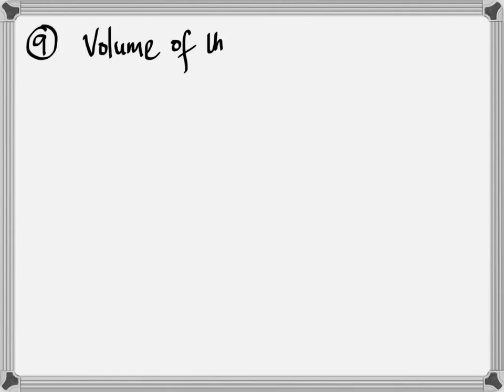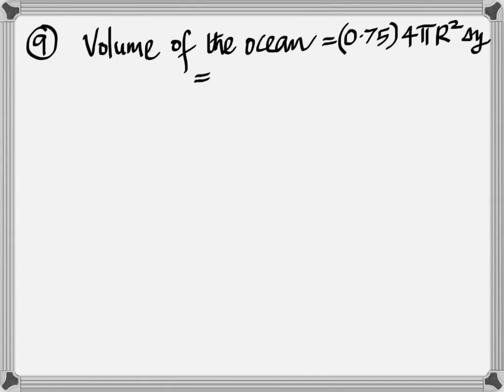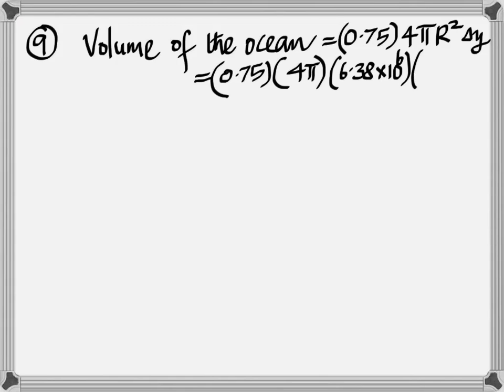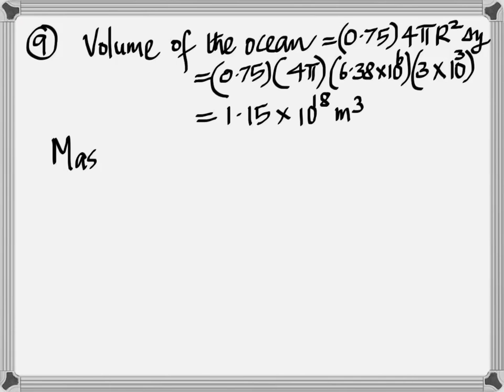9. The volume of the ocean is the surface area of a sphere, which is 4 pi r squared, multiplied by the average depth of the ocean, delta y, and then multiplied by 0.75 to show that only 75% of the surface is covered by water. So that's the total volume of all the oceans. And find the mass.